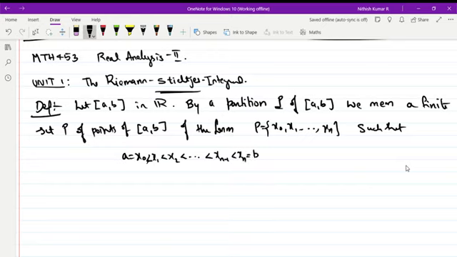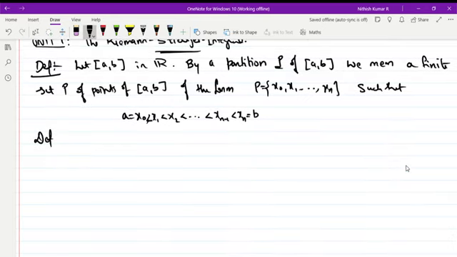So a partition is nothing but taking some n points from the closed interval [a, b] in increasing order.